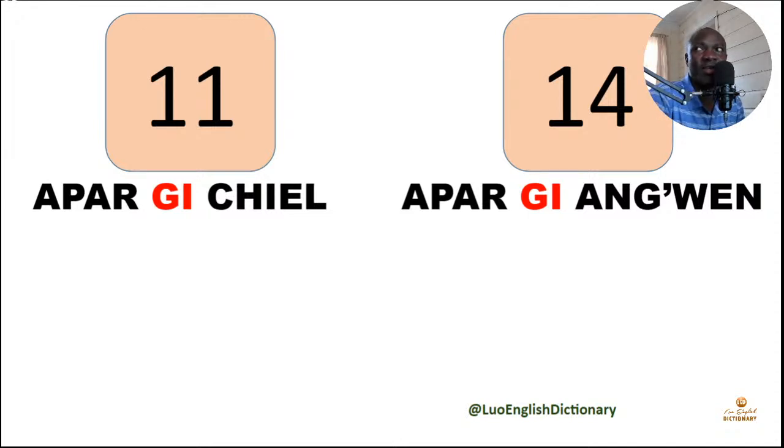So the only thing you add between 11 and 20 is G. So you just say 10 and 1, 10 and 2, up to 10 and 9, and then you say 2 10s, okay? So if it were 14, then we would just say APAR G W.E.N.